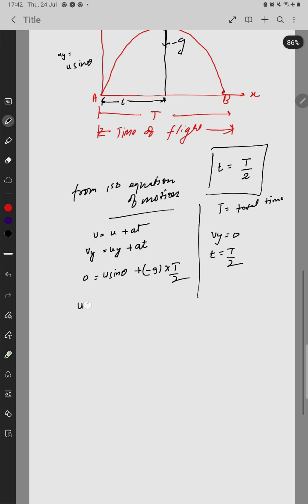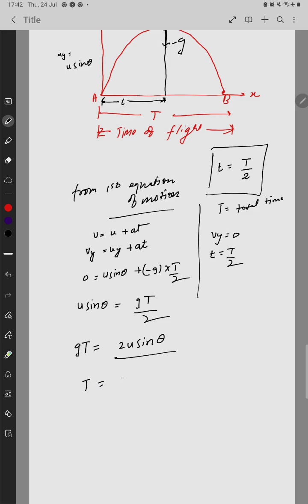Solving this, u sine theta equals gT by 2. So gT is equal to 2u sine theta, so T is equal to 2u sine theta by g. That is one thing we got.